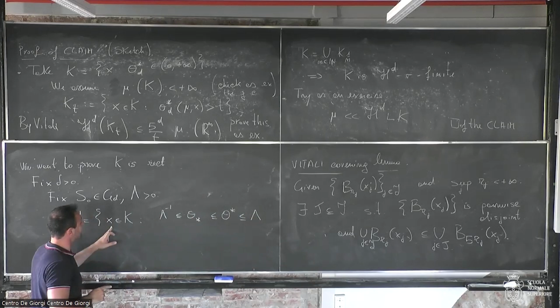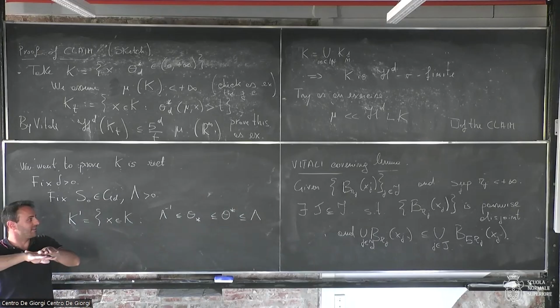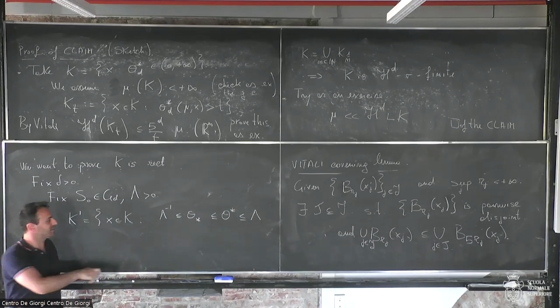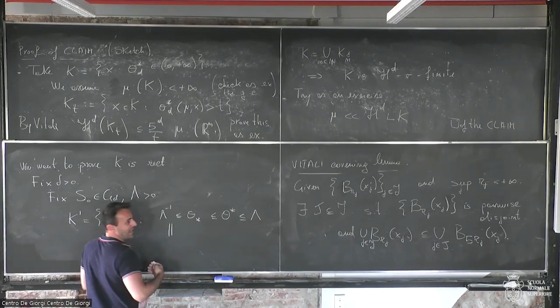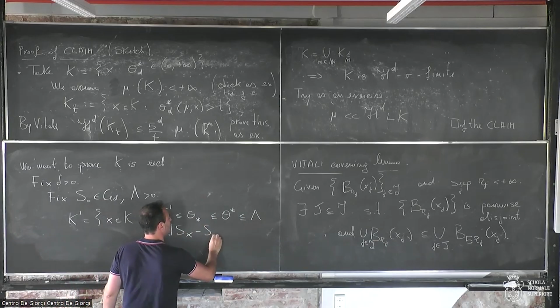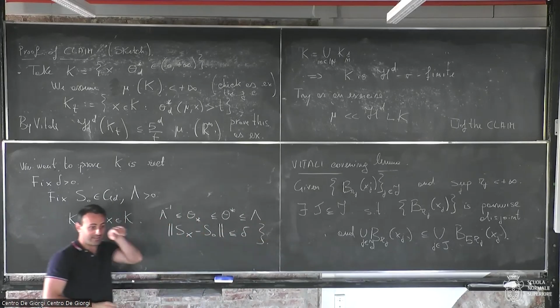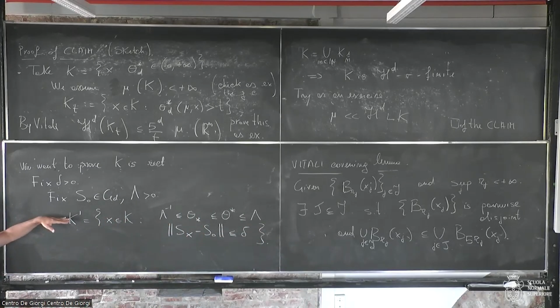And also the plane of the blowups, rather than being just a generic plane, is delta-parallel to S_0: the distance of S(X) minus S_0 is less or equal than delta.